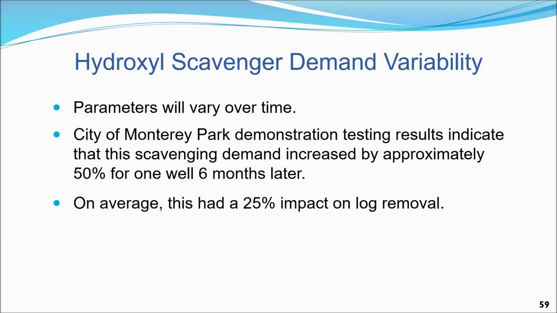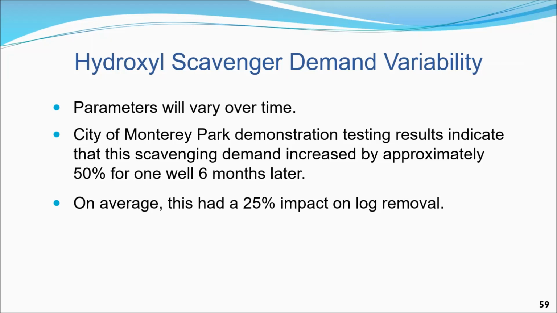Now, in this case, we had results from their demonstration study that showed that the hydroxyl scavenger demand varied over time. And so after we got these results, we had them run at certain flows and certain power and things like that, just to see if it was working as was predicted. And actually, it underperformed.